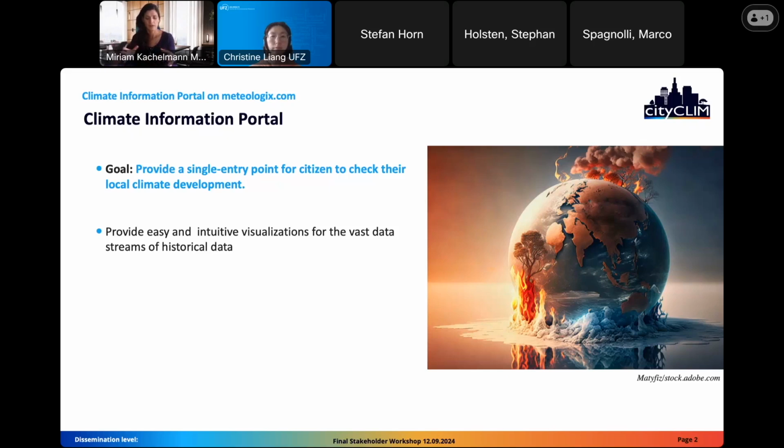But another part of this project was also to increase awareness for climate change and for climate information, and to make that information more accessible to everyone, regardless of their occupation. And the problem often with climate data or historical data is that usually that data is available and free, but you have to collect it from a lot of different sources, and you also need to be a little bit trained.